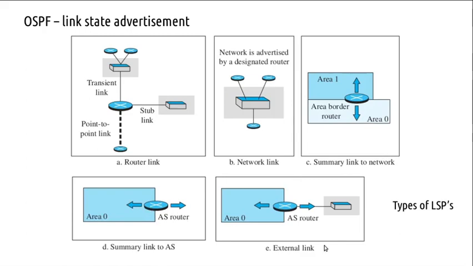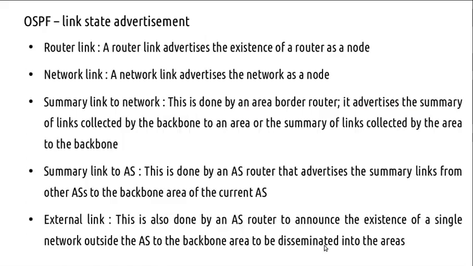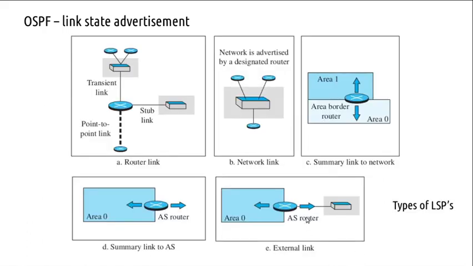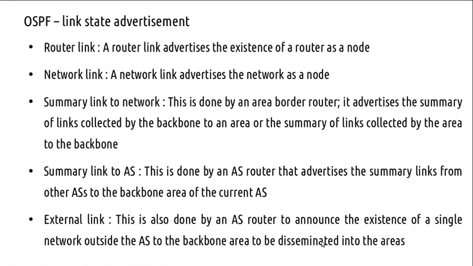And the 5th type is external link. External link has to do with networks which are external to the autonomous system, not part of this autonomous system. They have some relation to this autonomous system, but are out of its administrative domain. Such networks are advertised using such packets.